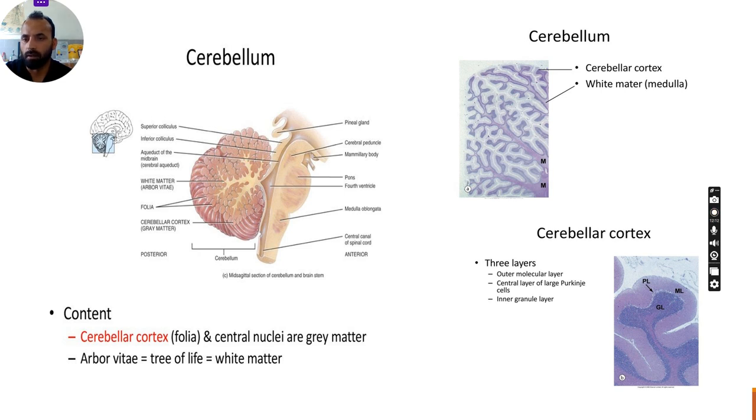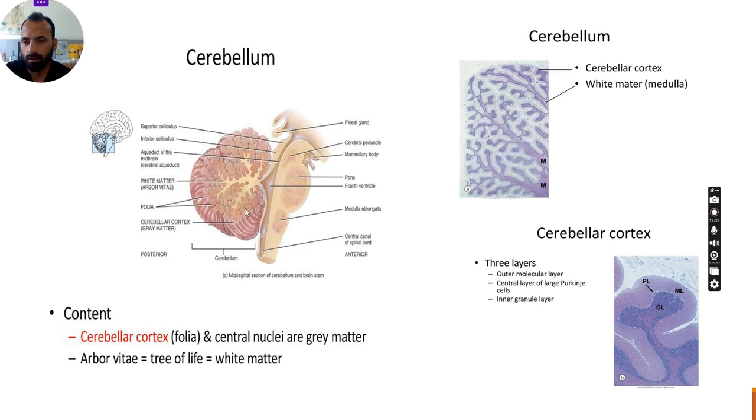In case of cerebellum, basically you cannot find the lobulation or the division here. But under the gross section, you can find 2 things: the white matter is arranged like a tree, as you can see here. This is called the folia arrangement of the gray matter and the white matter.